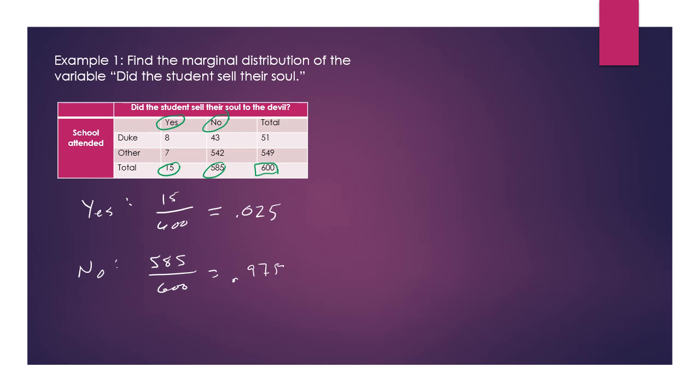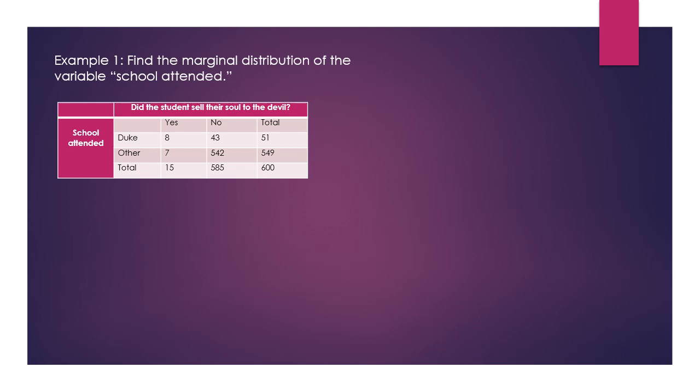So let's take a look at that now. Find the marginal distribution of the variable school attended. So in this particular case, we had 51 students who went to Duke. So the marginal distribution for that is 51 out of 600.